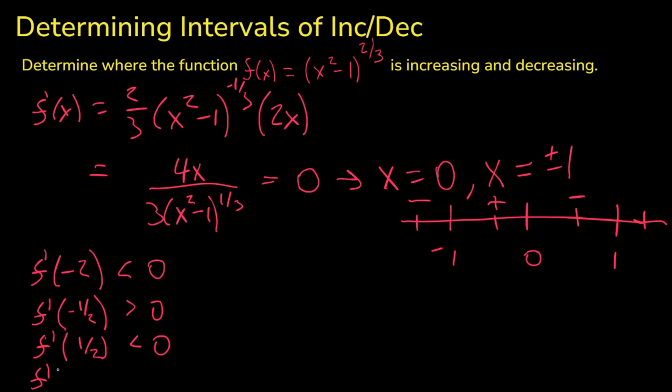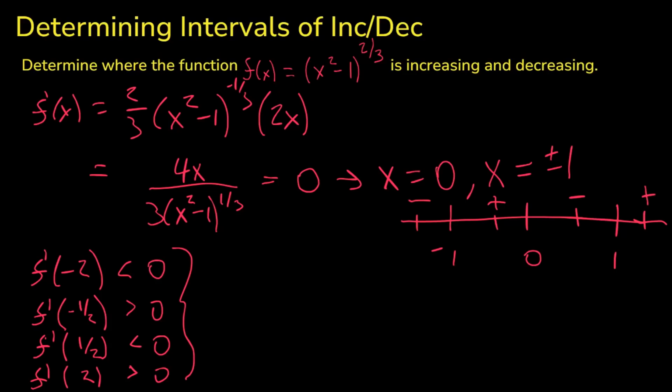And then finally, we pick a value after 1, let's say 2. We plug in 2, the derivative is positive. Now, if you notice here, these alternate negative, positive, negative, positive. It doesn't always work out that way. So just be careful not to make the mistake of assuming that once you know the first sign, you can just alternate them from there.